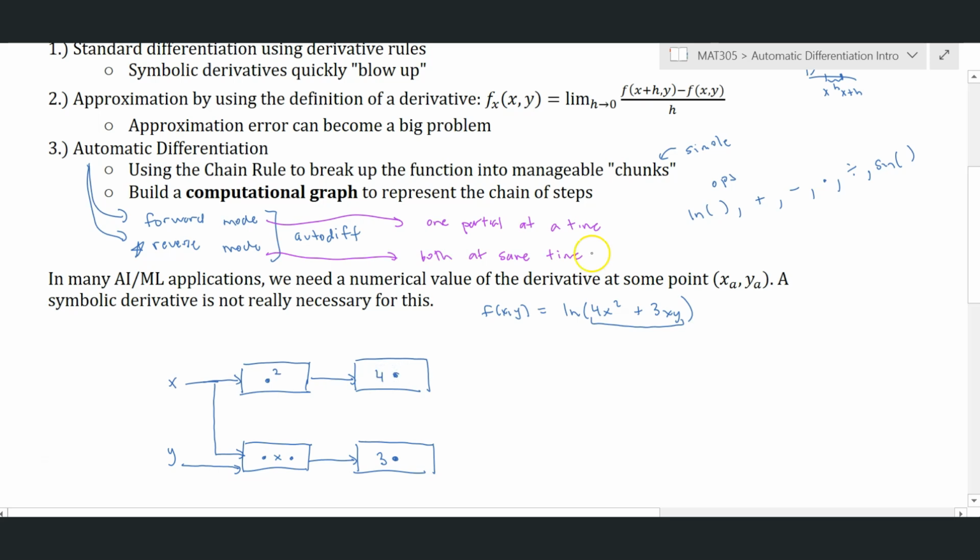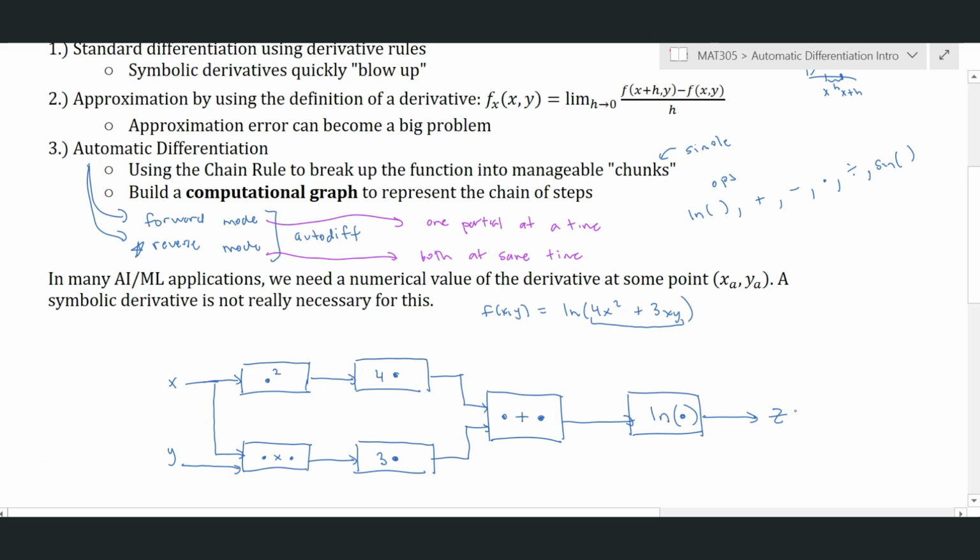Okay, then what happens is these two quantities get added together. So they feed into this next computation, and this next computation will be the sum of those two values that come in. And finally, whatever comes out of here, we're going to take the natural log of it, and that's going to give us our output, which we'll call z.